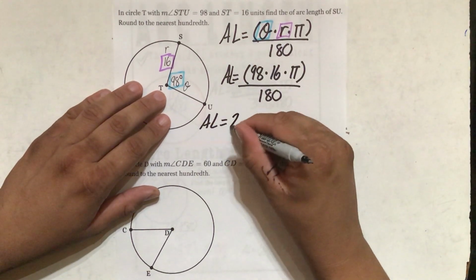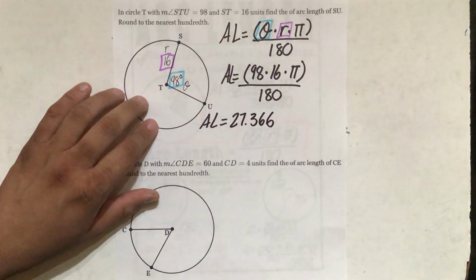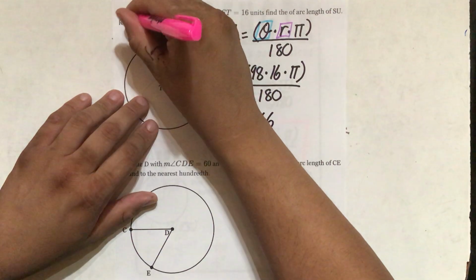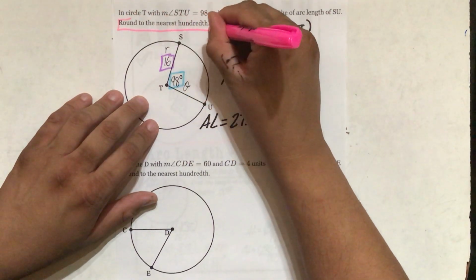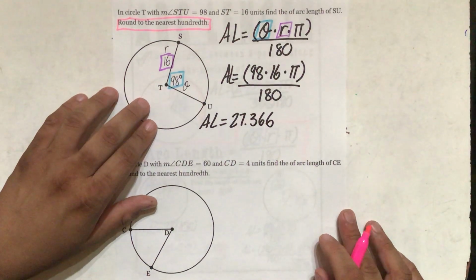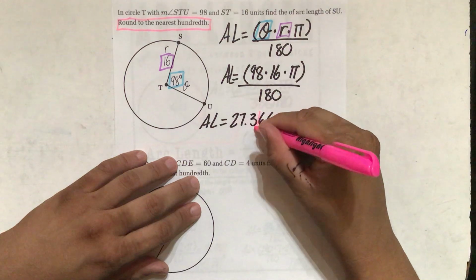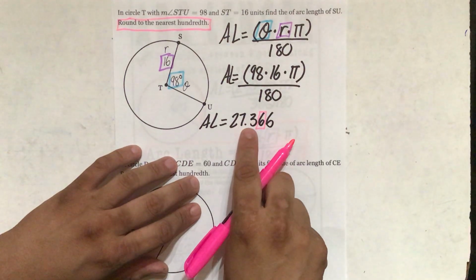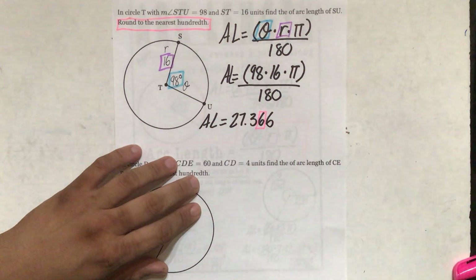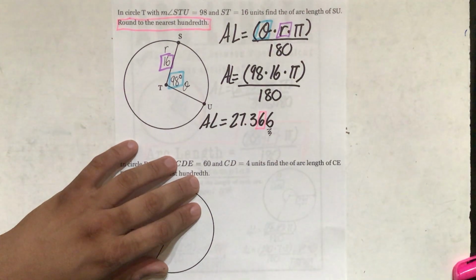So AL is equal to 27.366. This says round to the nearest hundredth. Remember how many zeros does hundred have? 2. Hundredths is 2 numbers after the decimal, which is 3, 6. The neighbor to the right is going to tell this 6 what to do.